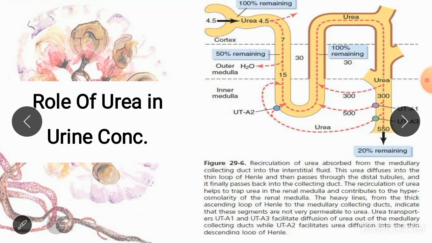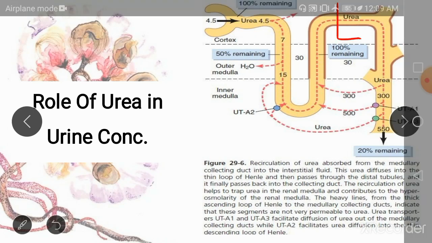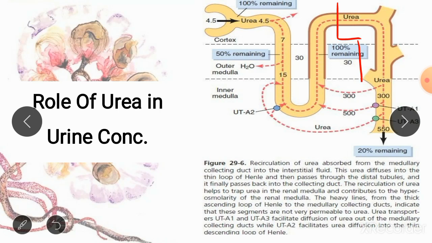And as you know, the late distal convoluted tubule, the collecting tubules and collecting ducts are highly permeable to water in the presence of ADH. When a lot of water is reabsorbed from these portions, the urea which is left behind becomes very concentrated, and as this concentrated urea moves down towards the last part of the nephron, this end portion of the nephron is highly permeable to urea.